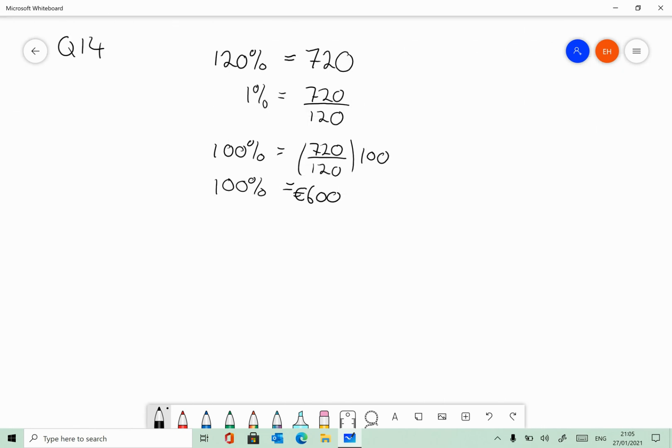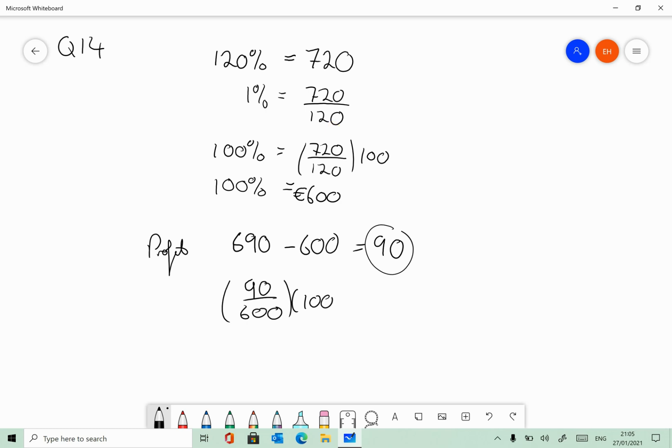Okay, so 690 minus 600 is equal to 90. So that's the amount of profit they make. But we want to express that as a percentage of 600. So it's 90 over 600 multiplied by 100 to give us the percentage.